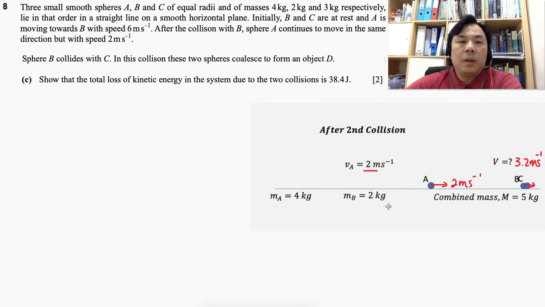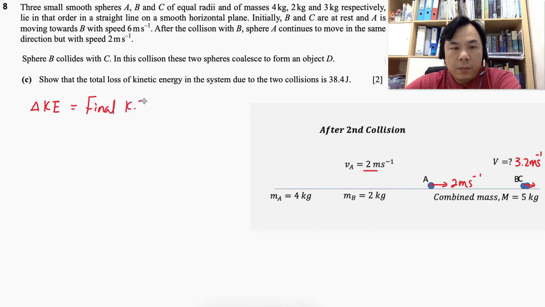So, the loss in kinetic energy: the first thing is it's always good to find the change in kinetic energy. The change in kinetic energy will be your final kinetic energy subtract your initial kinetic energy of the system itself.